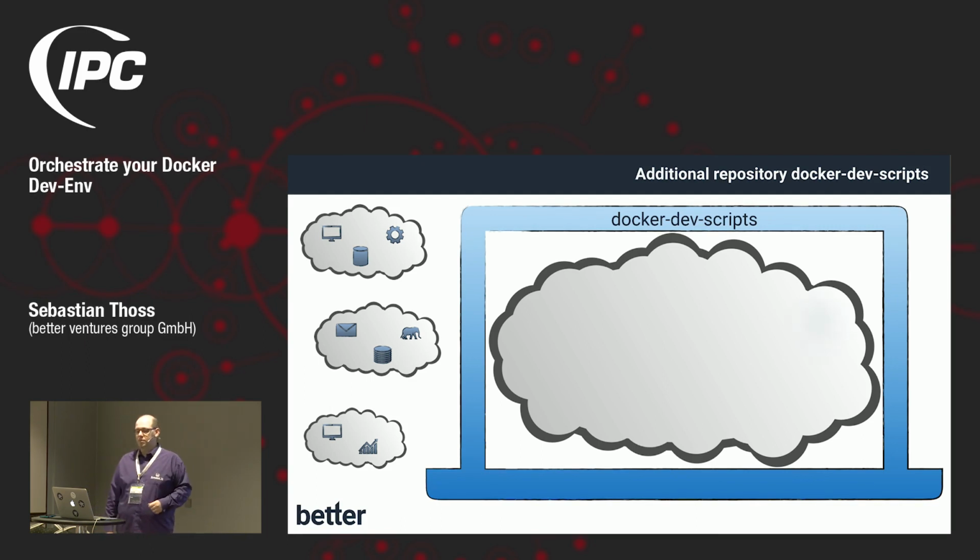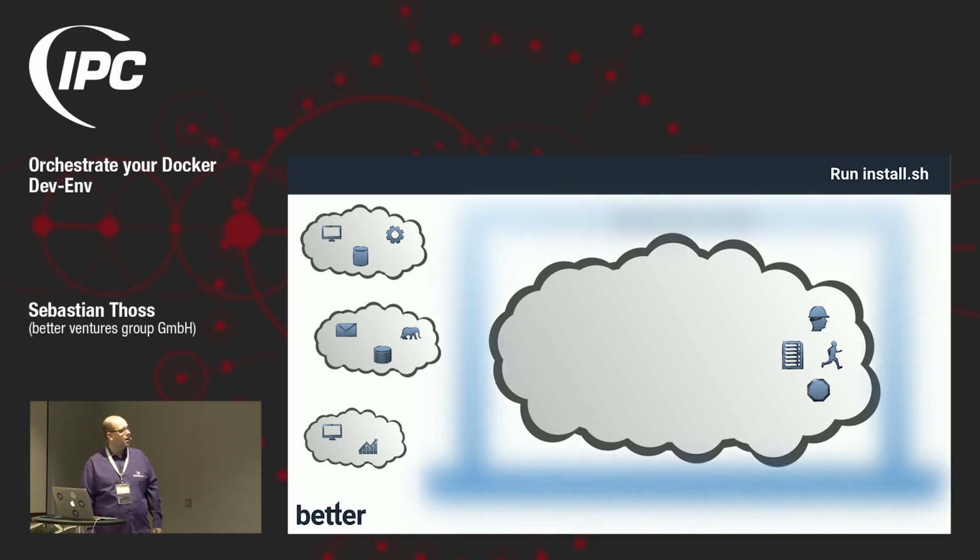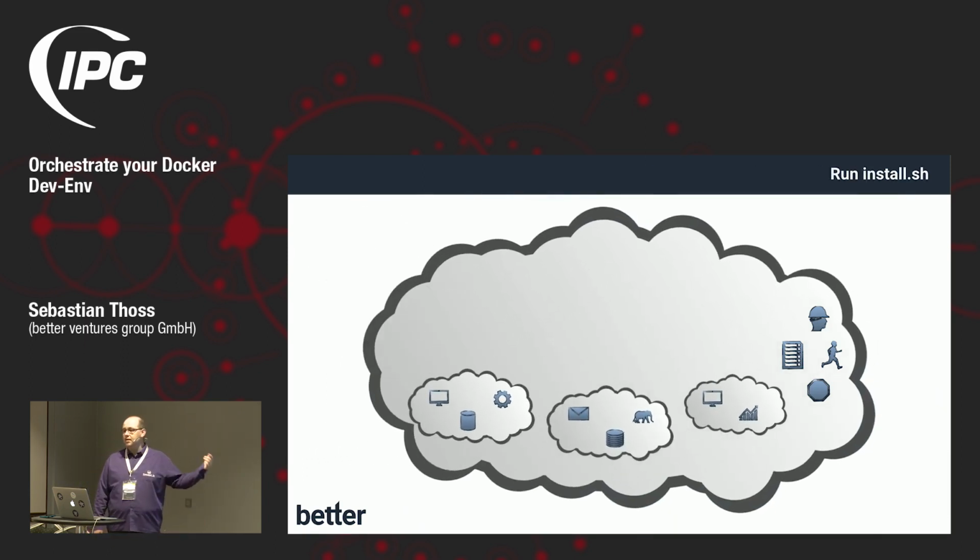What it does know is how to build a Docker Compose file, how to run based on a Docker Compose file, and how to stop it. With this small list here, it knows which kind of repositories it needs. So when we run the build or the install script, it simply will install these repositories which are configured into this system, and then you simply can run that.